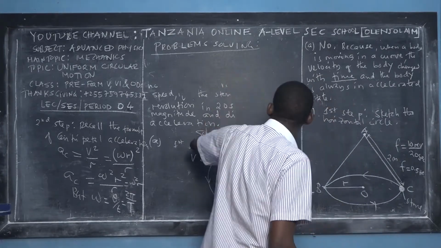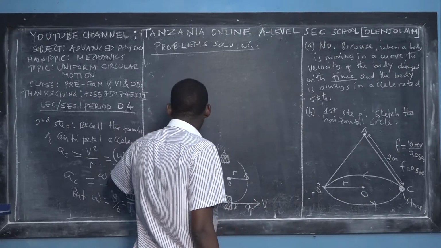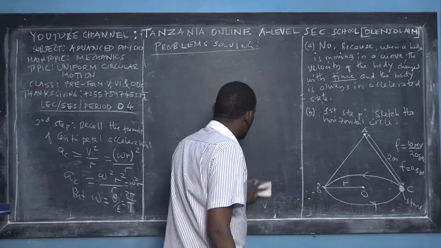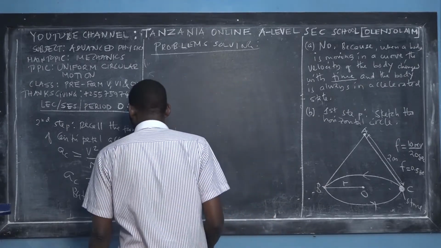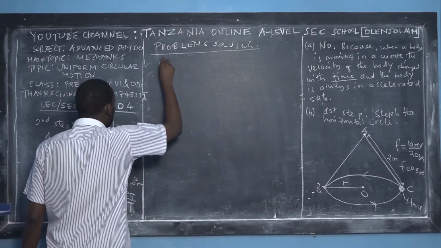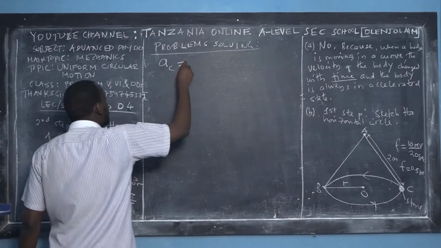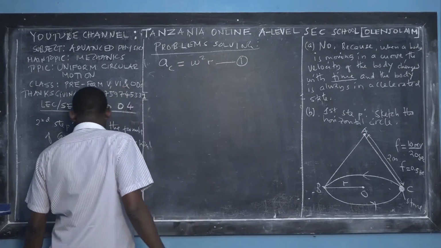The reciprocal of period is equal to frequency. So this is the first equation: centripetal acceleration is equal to omega square r.